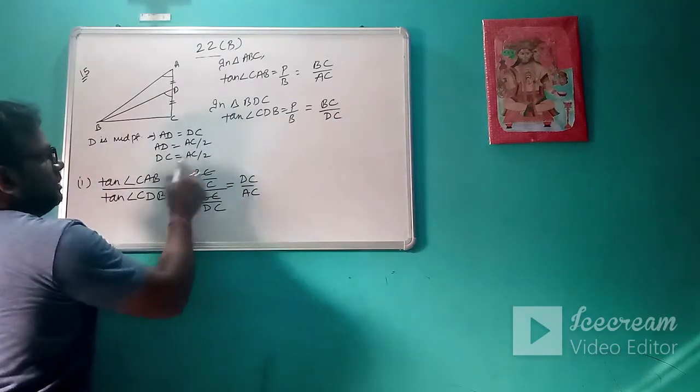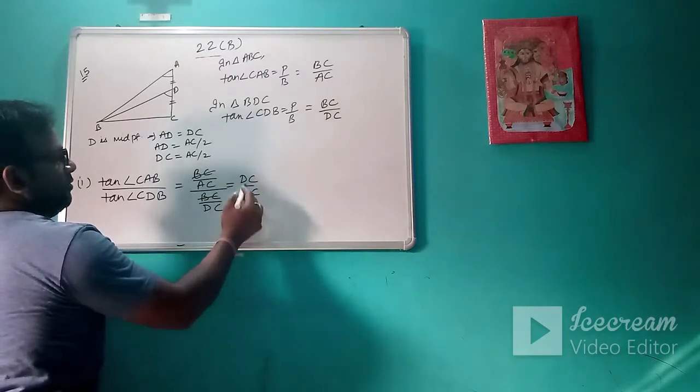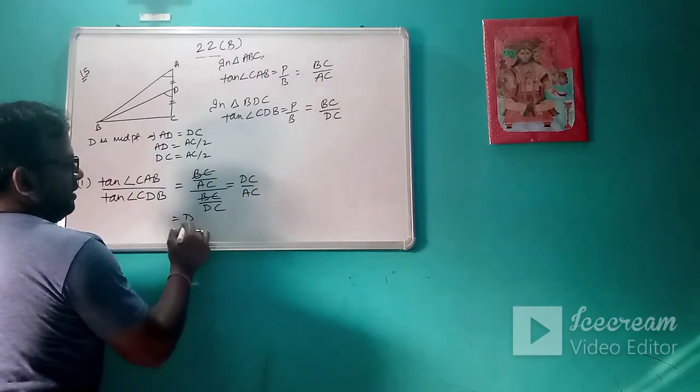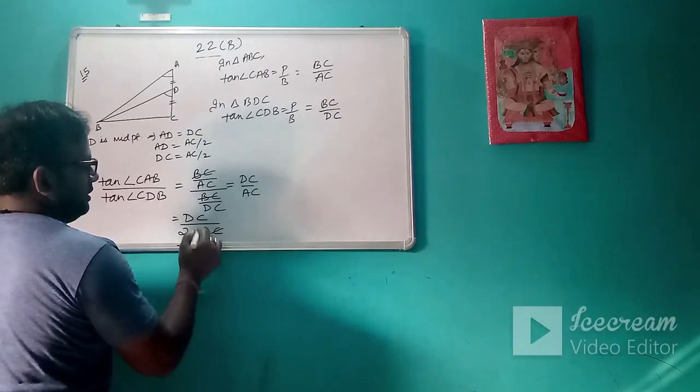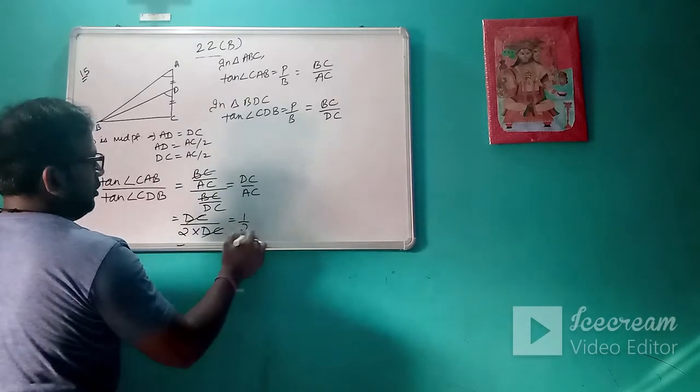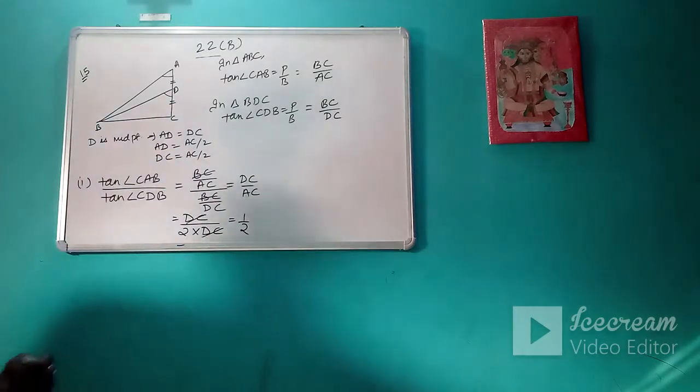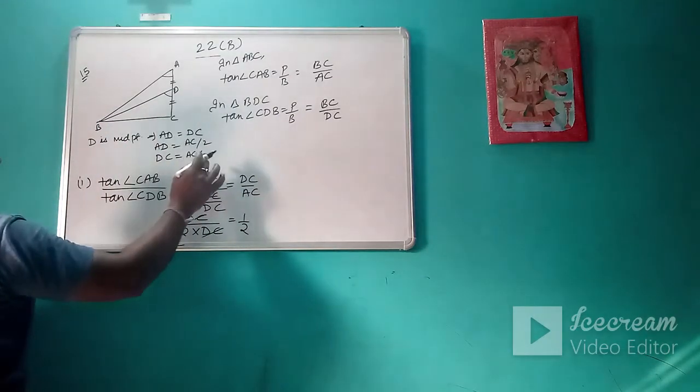So we can write AC is equal to 2 into DC. So it will be 1 by 2.